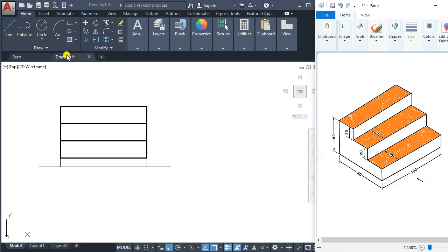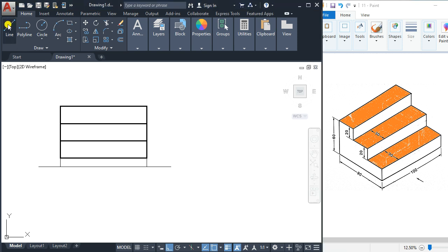When you are drawing the top view of this object, as we have already discussed, we'll assume the same 10 mm, meaning this object is 10 mm in front of the VP.